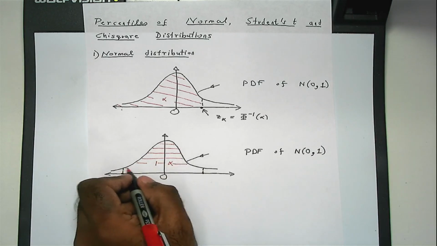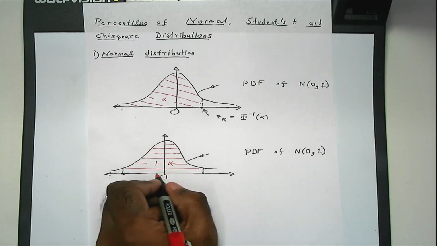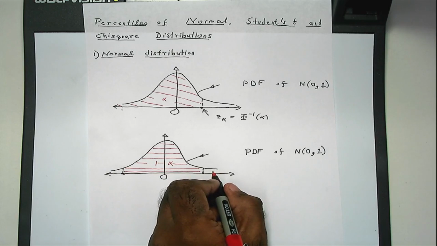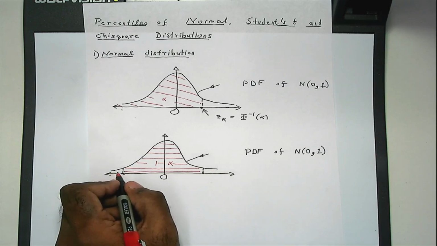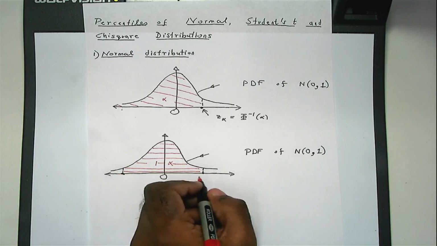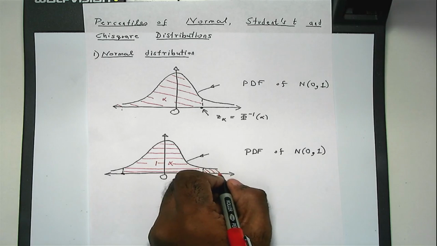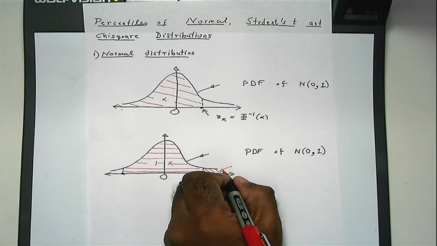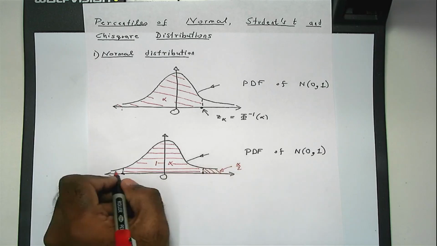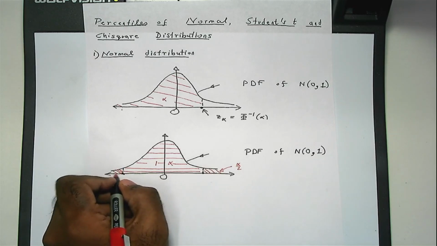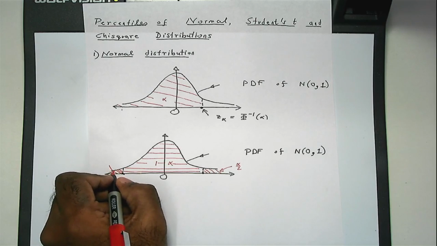So that means the area in this and the area in this must add up to alpha, right? Now, because of symmetry, let's suppose that this area is alpha by 2. And also, let's suppose that this area is alpha by 2.